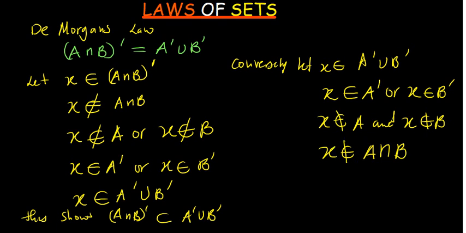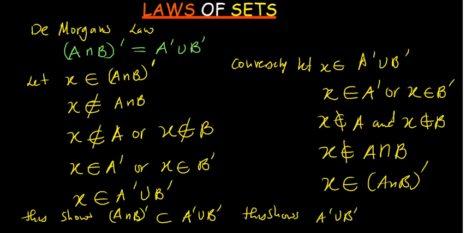So if we change into being a member, then we are going to put a complement. So this shows what we started with: A complement union B complement is a member of A intersection B complement.